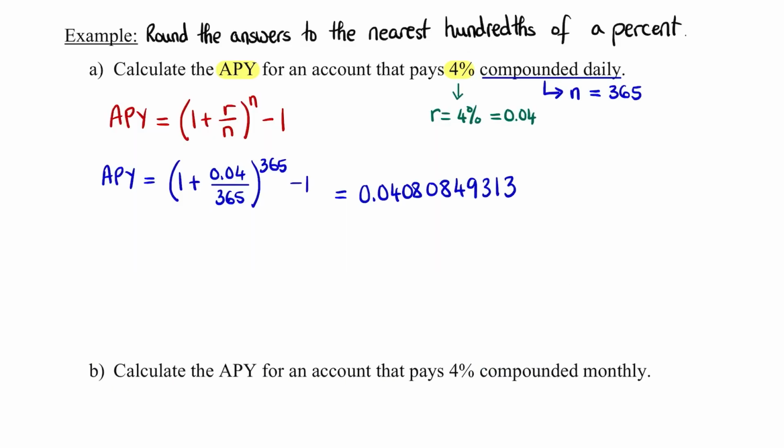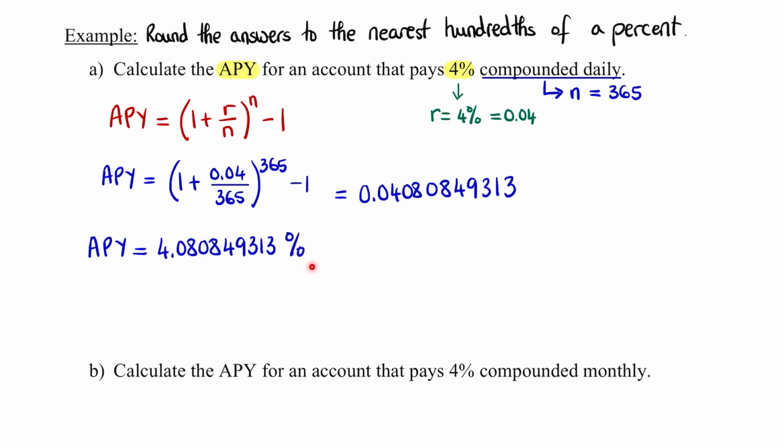The question asked me to round to the nearest hundredth of a percent. That means I need to convert this number to a percent first, and then I round it to the nearest hundredth. So to convert this number to a percent, I move my decimal point to the right 2 places and insert the percent notation. So I have 4.080849,313%.